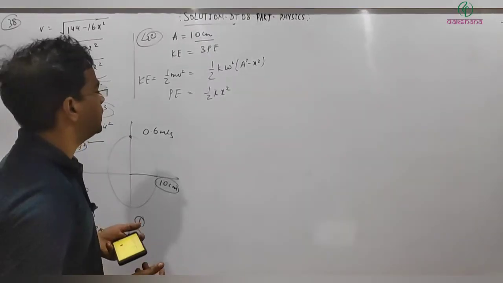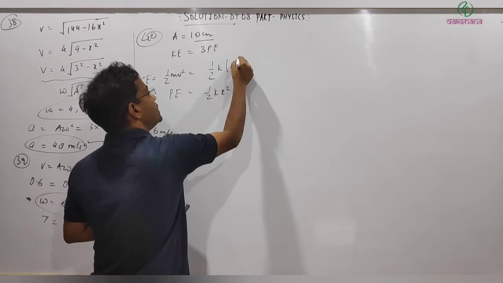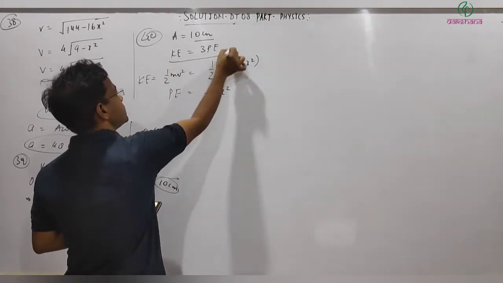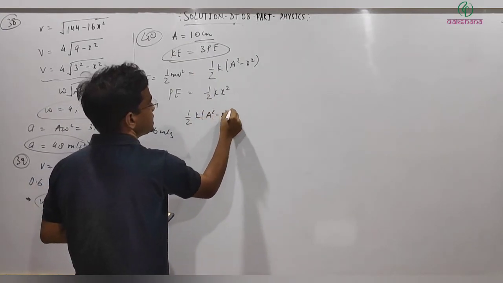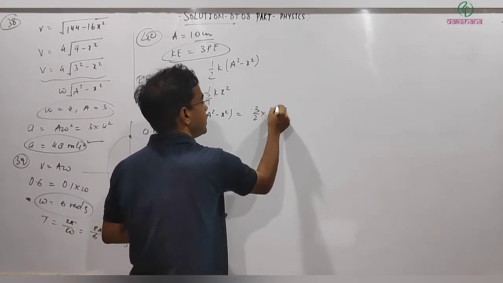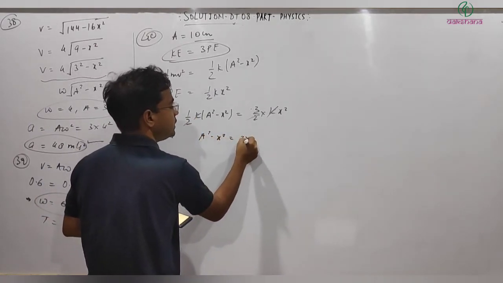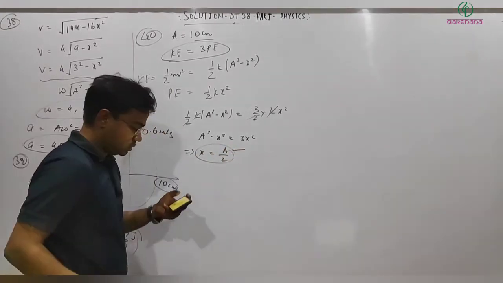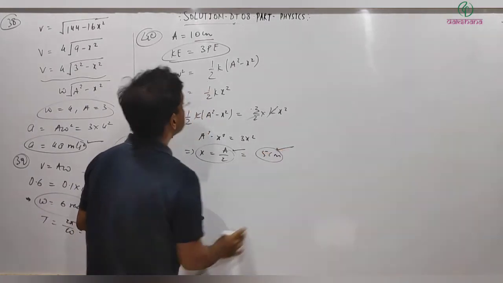Then, using this relation, half k a square minus x square is equal to 3 by 2 times k x square. k and 2 cancel, a square minus x square is equal to 3x square. This implies x is equal to a by 2. So a is given as 10 centimeter, so x is 5 centimeter. That is the answer to the problem.